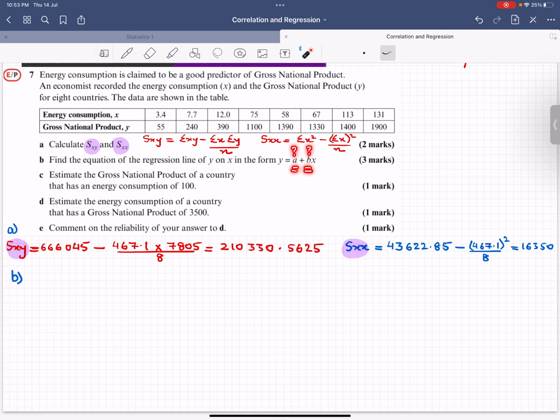So let's start by calculating the value of B. Since we have the Sxy and Sxx already, we know that our B is equal to Sxy divided by Sxx. When we divide these two, we get 12.8642. And that gives us the value of B.